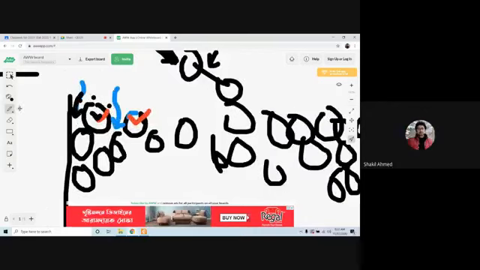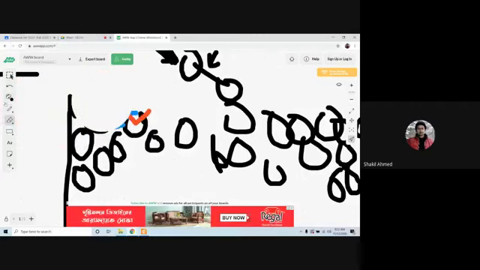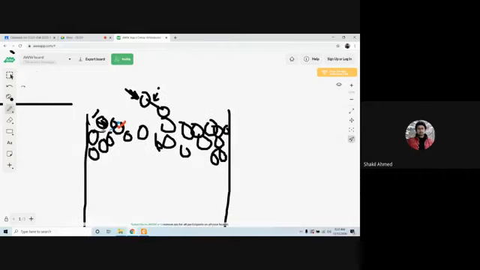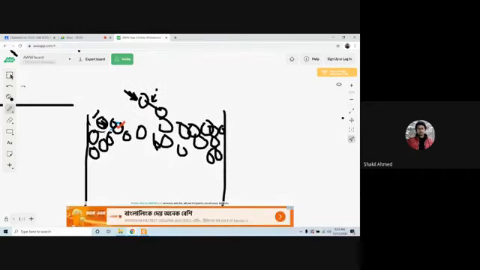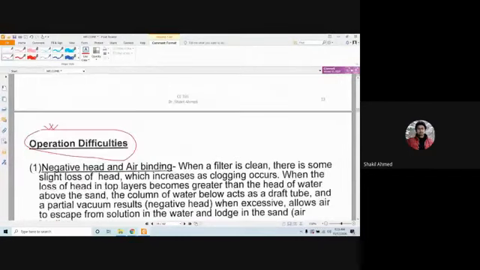So at a time, you'll see the particles at the periphery of the media are shifting basically here, and therefore you'll see a gap here. That's a problem. So they are referring to this as cracking of the filter and jetting.